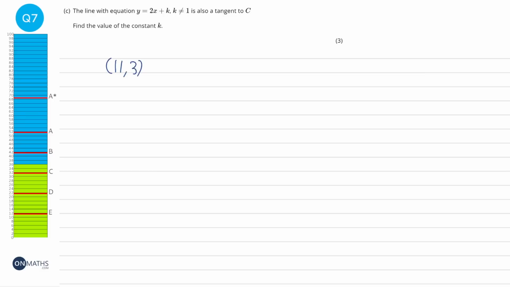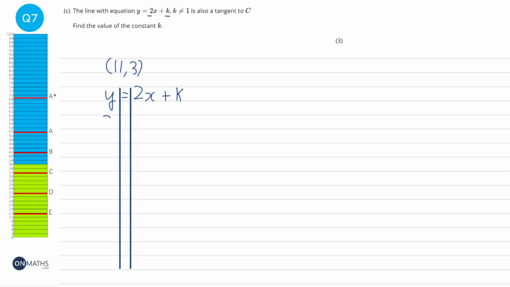And so we can just use y equals mx plus c. So y equals m, which is the gradient, but we're told that the gradient is 2, so 2x. And then it's going to be plus k, because k is the c that we're trying to find. I'm going to feed in the values for the x and the y. And let's put our lines in just to make things clearer.